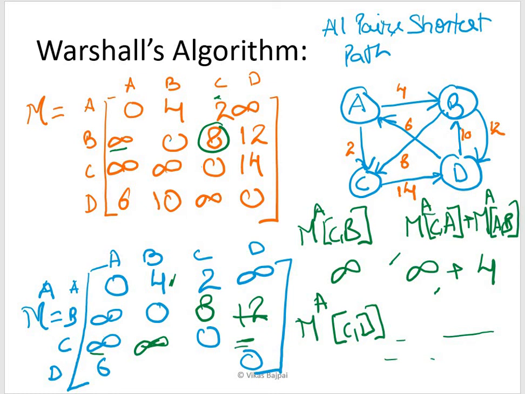Now the same thing you have to repeat for M of A, M of B, and then for all the vertices you are going to do the same thing.